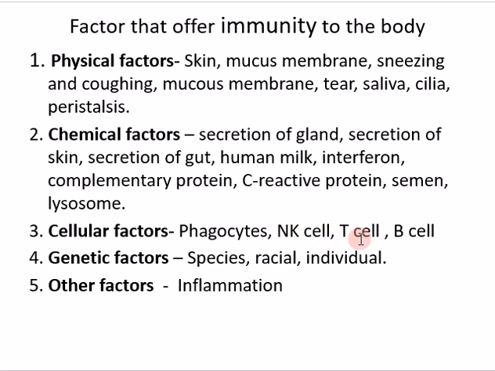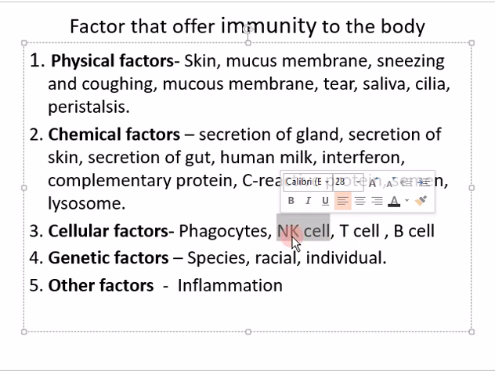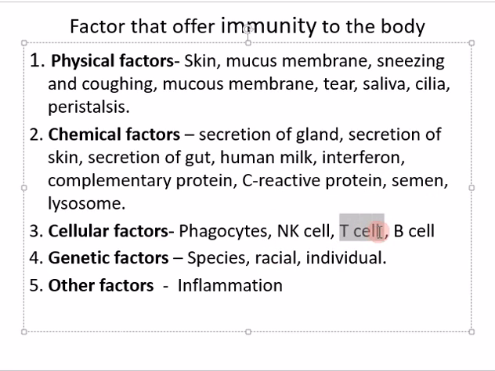There are also natural killer cells, a group of immune cells particularly specialized for attacking viral foreign particles if a virus gets into our body. T cells are another group of cells, and B cells are another group. B and T cells I'm going to discuss in the next lesson.